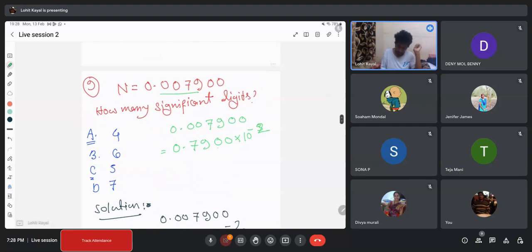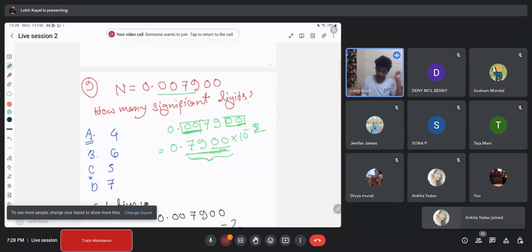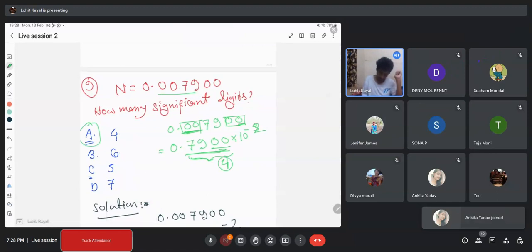Here, remember, you have to count these digits as significant digits. The preceding zeros do not add up as significant figures, but the trailing zeros, these two, you have to count as significant figures. So here the correct significant digit count is 4. So the answer A will be correct.